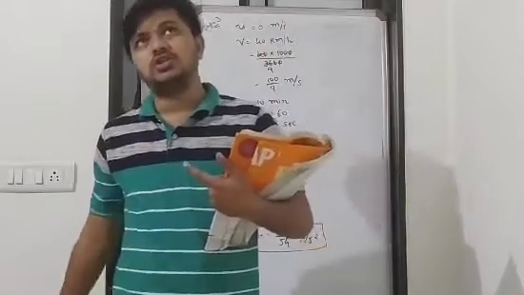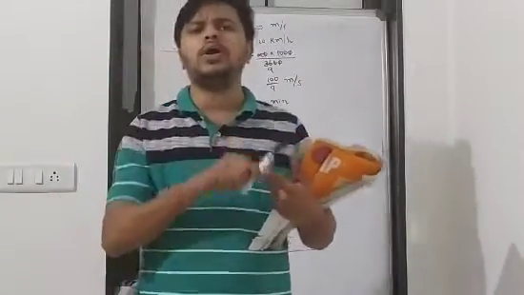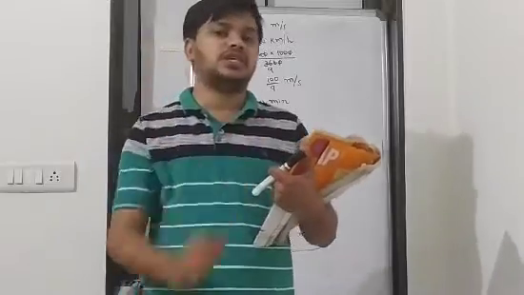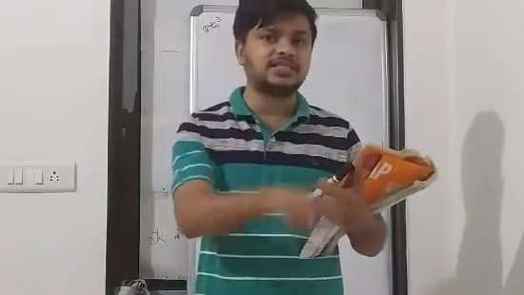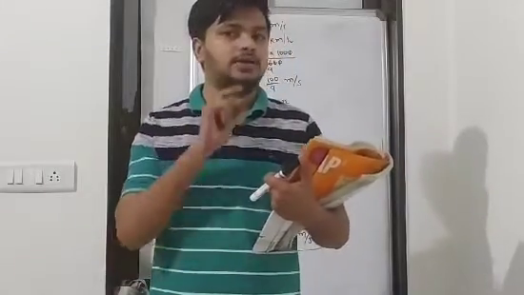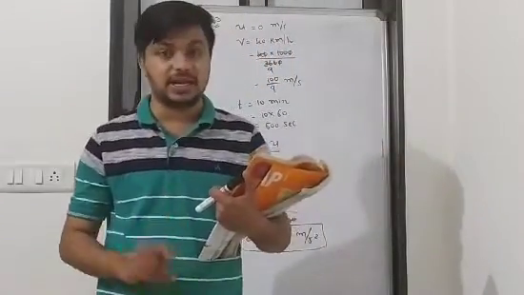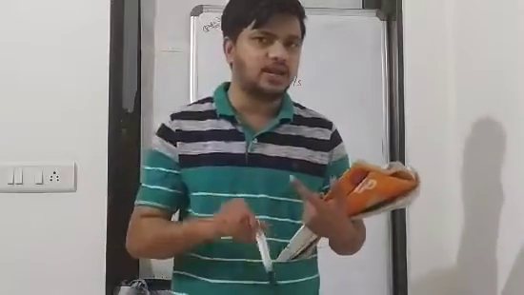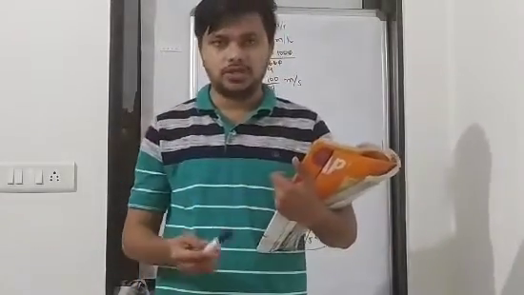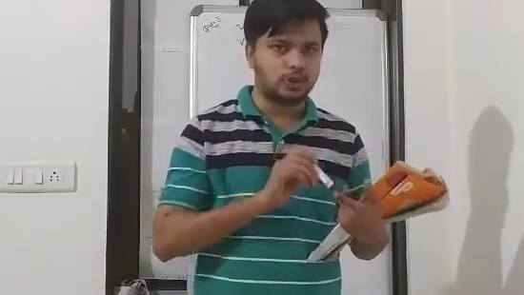Whenever you throw it in an upward direction, exactly perpendicular to the surface of Earth, during that time also the velocity decreases at the same rate. It decreases by 9.8 meter per second in each second. So during that time also the acceleration is the same.